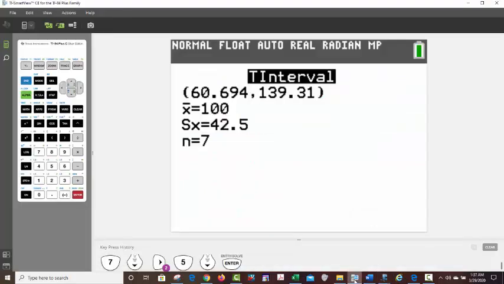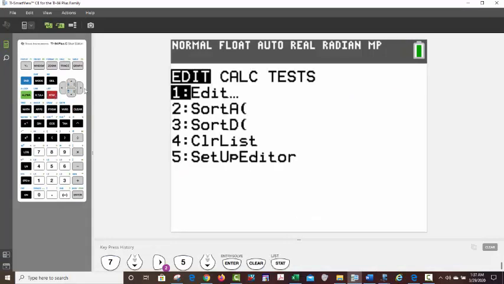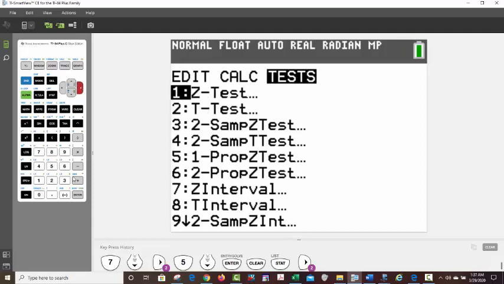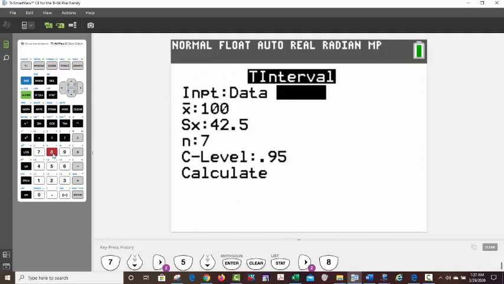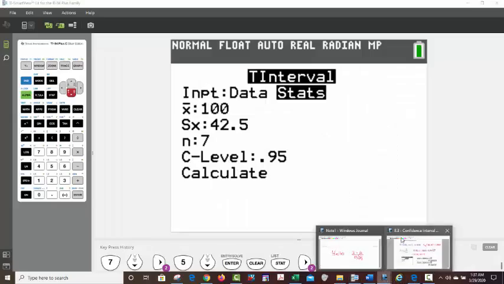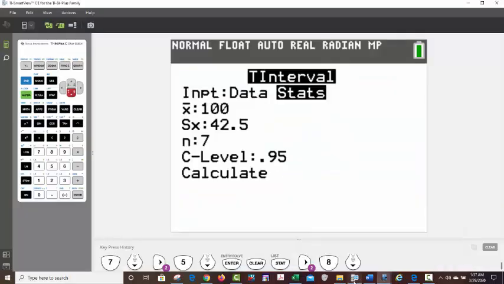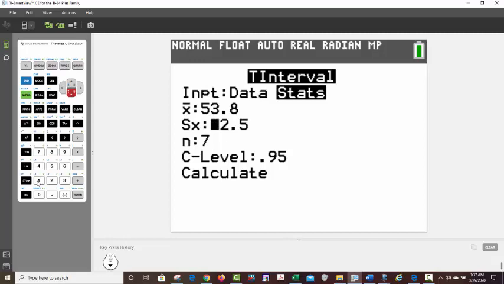I'll run through the T-interval real quick. Tests, T-interval. 5380 sounds familiar, but I better go back and look at this one. Oh. 5380, 17, and 1840. I want to double check this. I don't feel good about this.